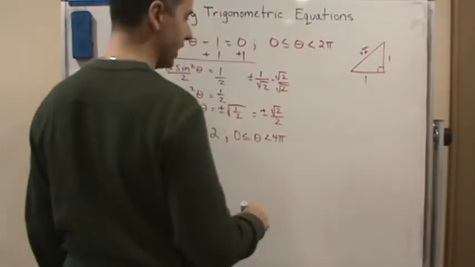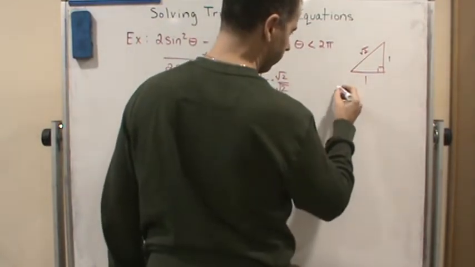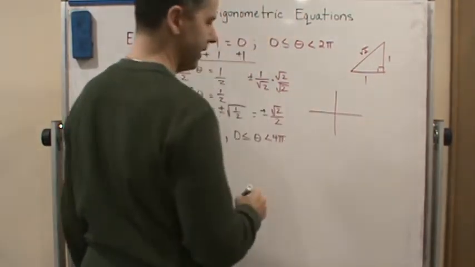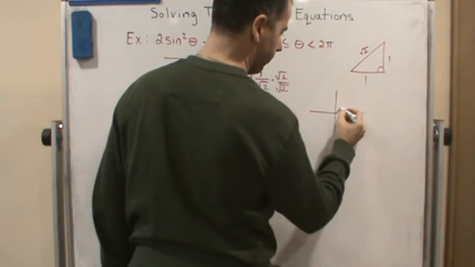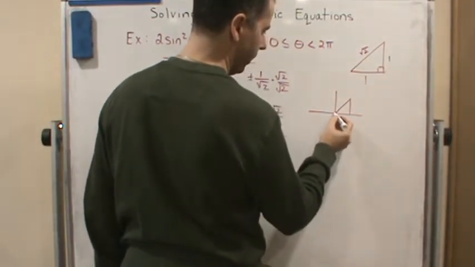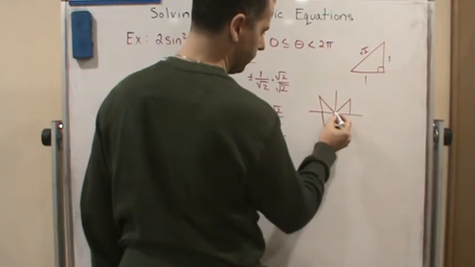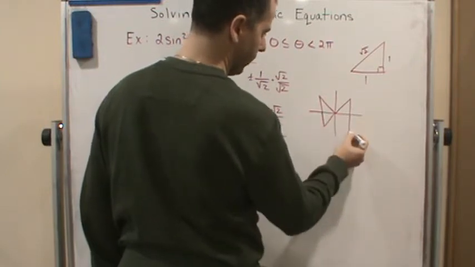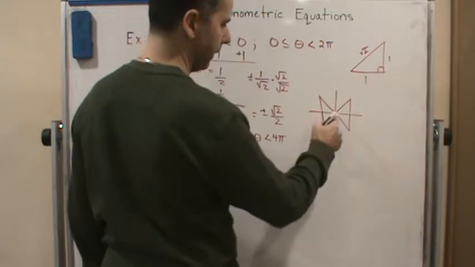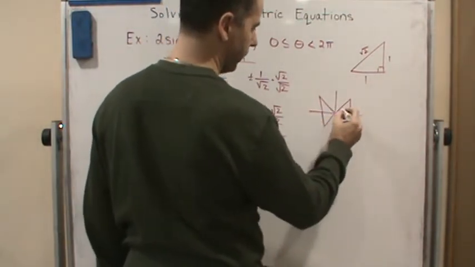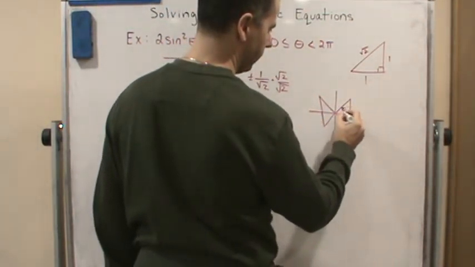So that means, guess what? If I'm looking at the unit circle, I'm going to have a 45-degree angle here, here, here, and here. So I'm going to have 1, 2, 3, 4 angles. Well, that's going to be what? Pi over 4.